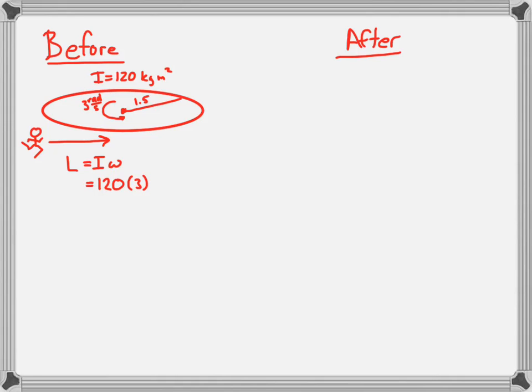So it turns out the total angular momentum of our merry-go-round, it looks like that's going to be 360. And we have to put some pretty crazy units on there. Kilogram meter squared per second. Let's see, does that look right? You know what, actually that doesn't look right. Hold on here.